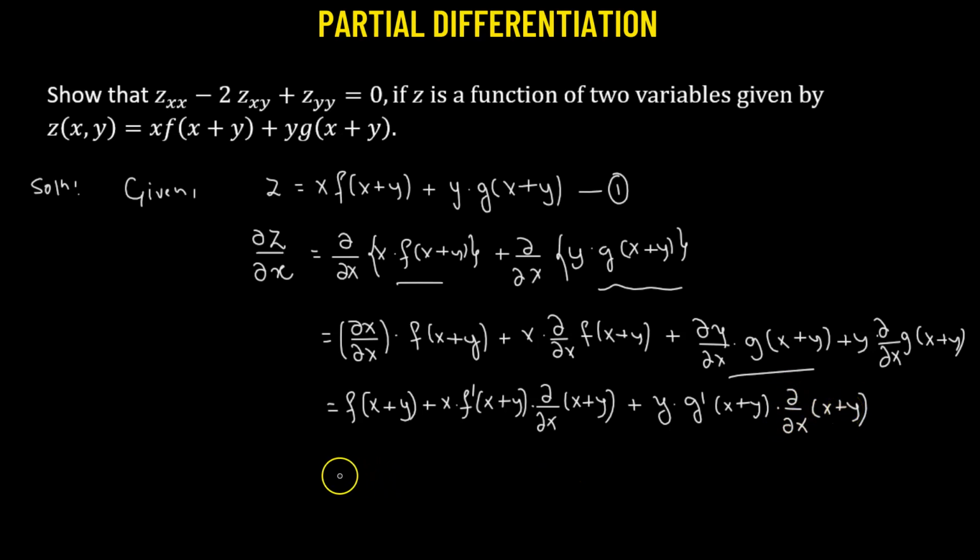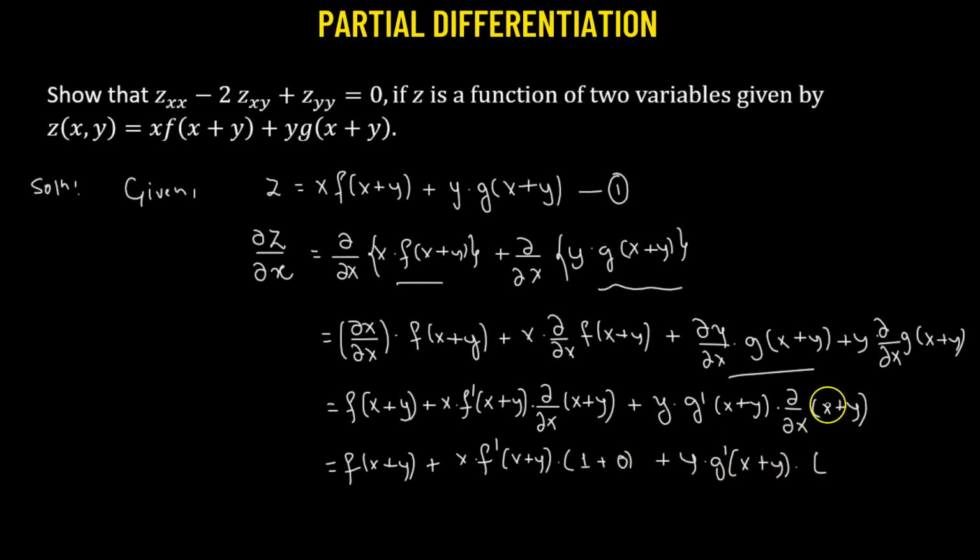That means we now have f of x plus y plus x times f prime of x plus y times partial of x plus y with respect to x. That equals partial of x with respect to x, which is 1, plus partial of y with respect to x, which is 0, plus y times g prime of x plus y multiplied to the partial of x with respect to x, which is 1, plus partial of y with respect to x, which is 0.